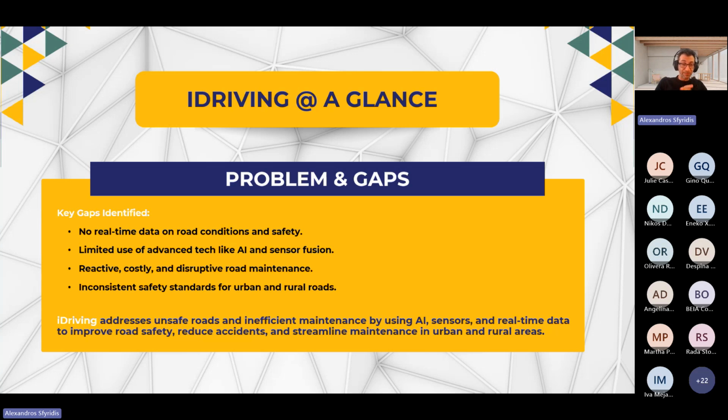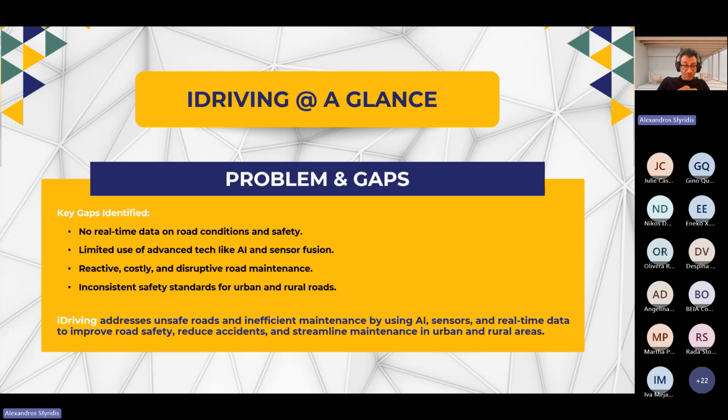In addition, the use of modern technologies like AI or extraction of data from several types of sensors and the utilization of this data, although it is something that is up and coming and starting to become widely used, still there is some limitation on its uses.